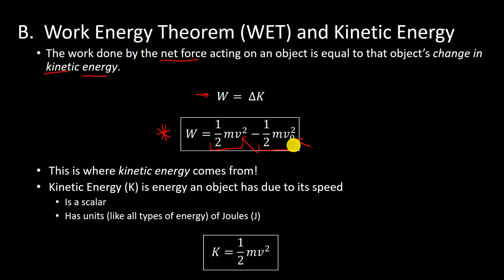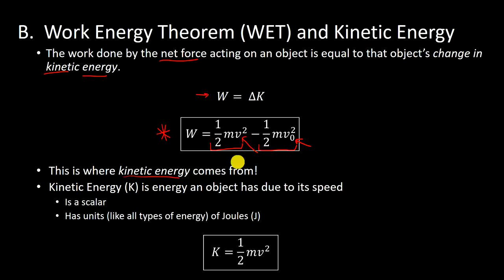This is where the term kinetic energy comes from. Someone didn't just randomly pull out, oh, I'm going to create something called kinetic energy and give it this equation. When physicists derived what's going on when there's a net work acting on an object, this term popped up. Something about the object changes. It seems pretty fundamental. It's the same term.